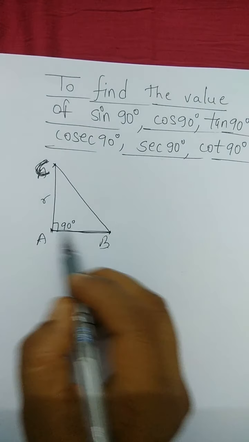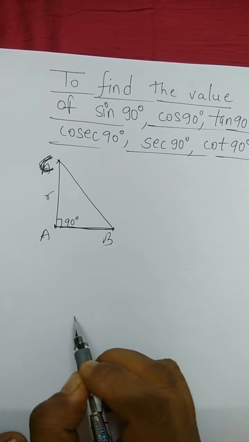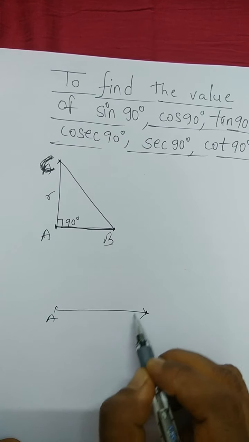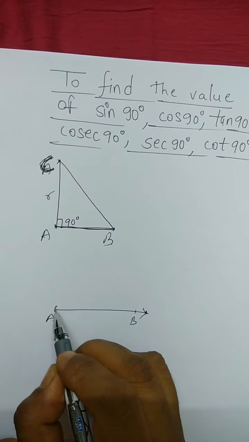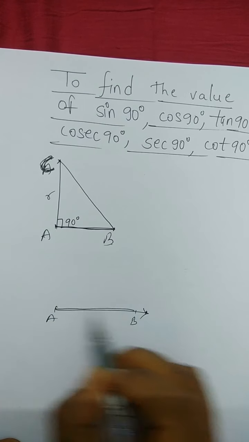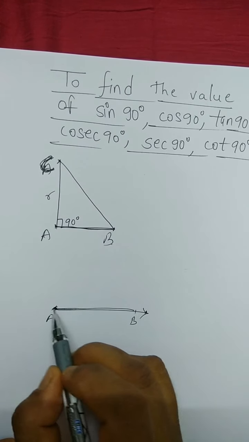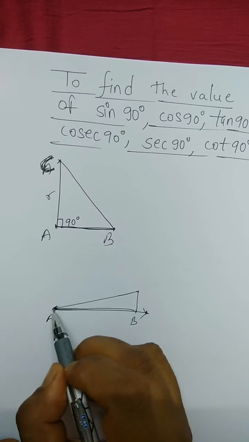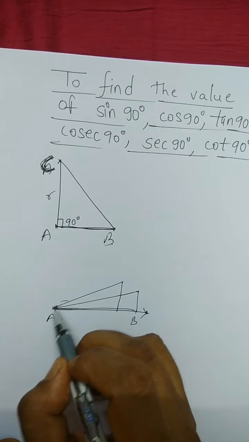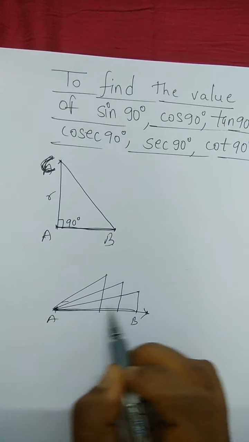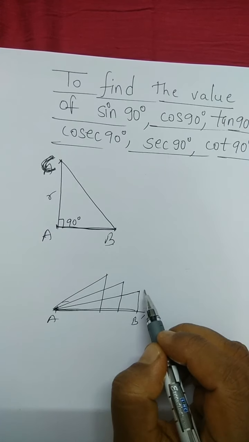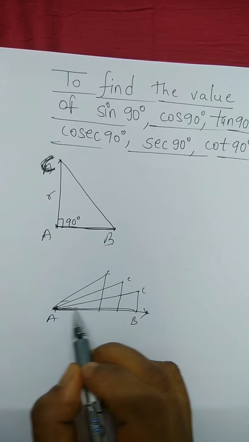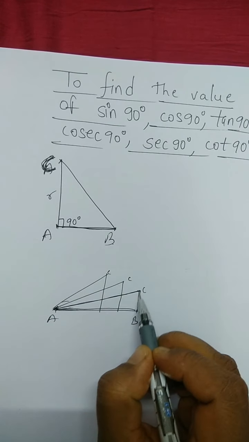Now here, how does it come to 90? Suppose this is base AB and the first angle is 0 degree, isn't it? Then slowly this angle will increase, and this is the opposite side, isn't it? First angle is 10 degrees, suppose.